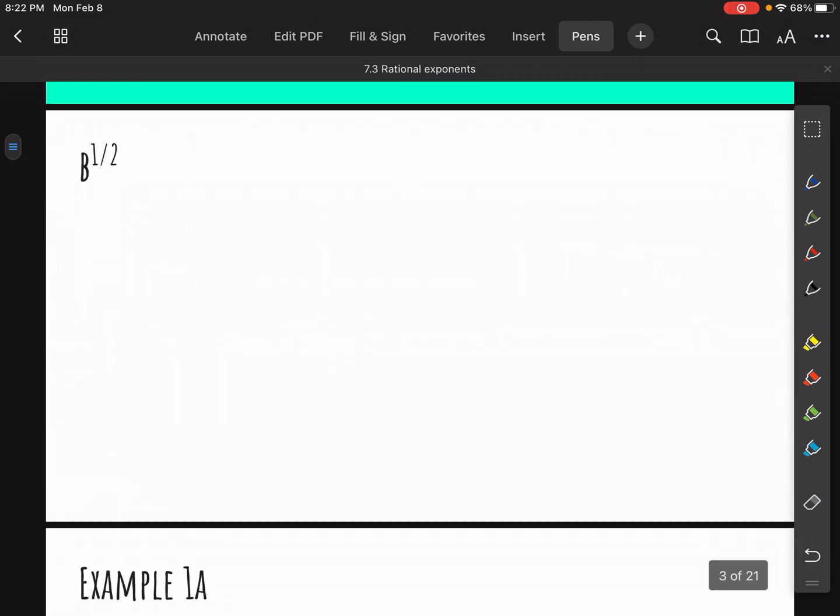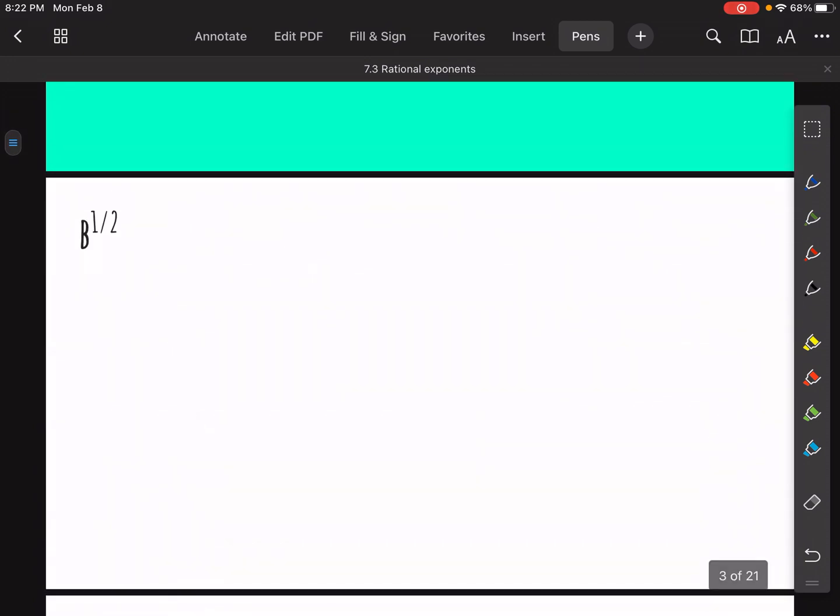To start us off, I want to take a second to talk about what b to the 1/2 is. I'm going to use something that hopefully we already all know. To demonstrate what this means, I'm going to take this and square it.